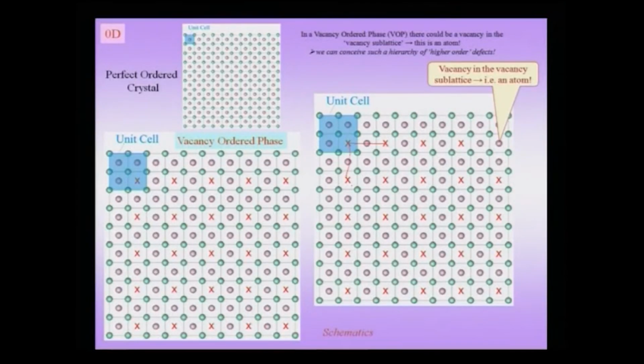So, I have this vacancy sublattice, and now in the vacancy sublattice I may have a missing vacancy, like in this case here where a cross should have appeared, actually there is an atom sitting there, and therefore, this is a defect in the vacancy sublattice, and vacancy itself is a defect in the perfect crystal or perfect crystalline order.